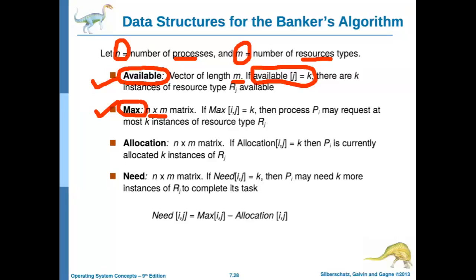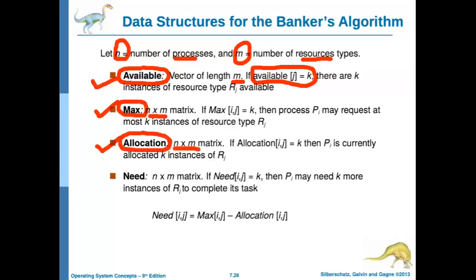So available will talk about, at this instance of time, what is the balance resource. Max will denote the maximum demand by each process for each resource type. Next is allocation. This allocation is exactly the size of max; it is again n by m.